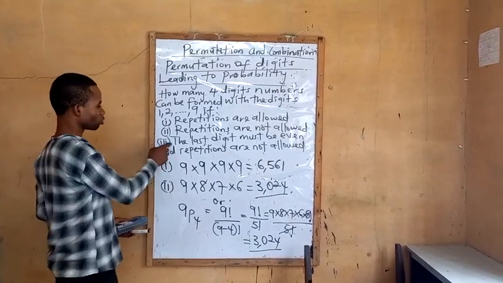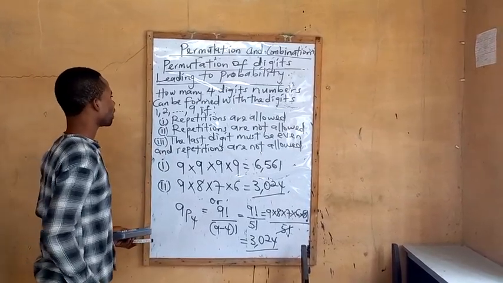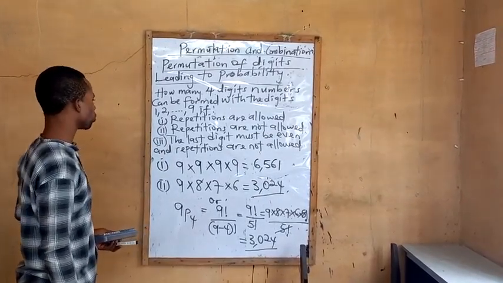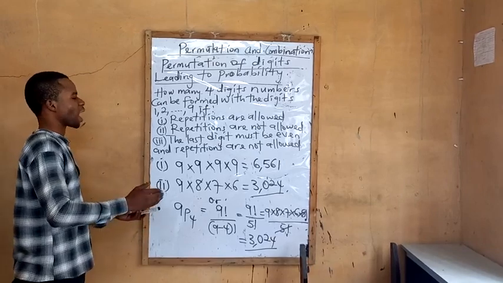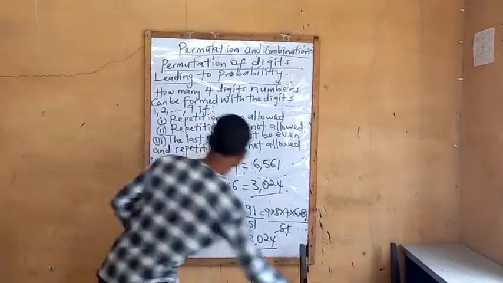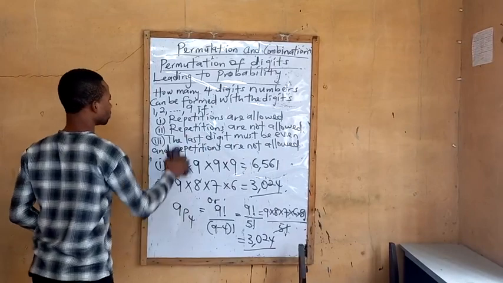Now they said, Roman figure 3 now. The last digit must be even and repetitions are not allowed.